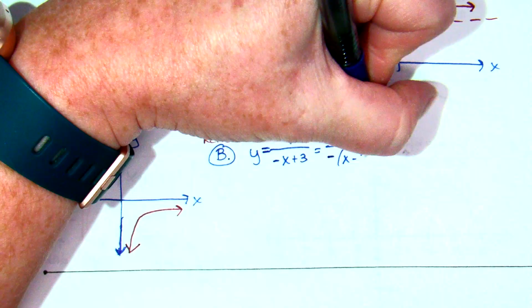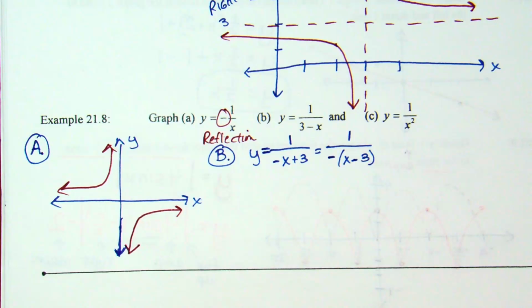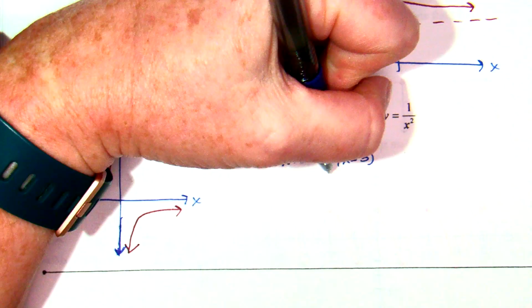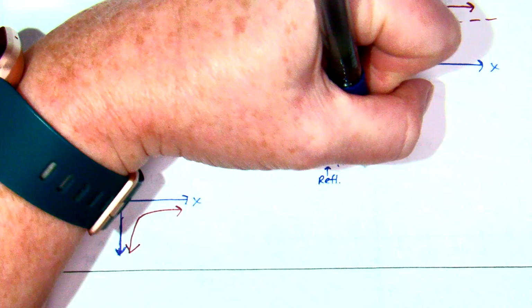If we look at this one, it's a reflection, which we already knew. And then this minus 3 tells us right 3. Okay, that's how that one's done.